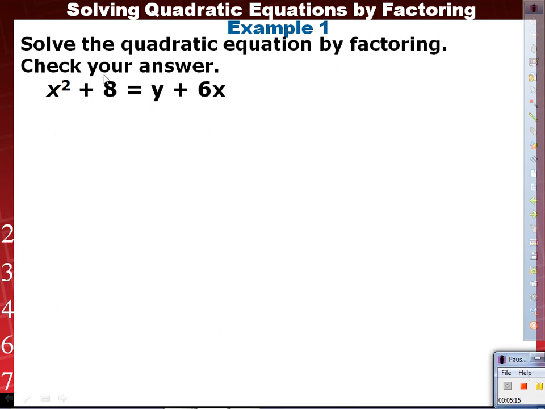So, example 1, solve the quadratic equation by factoring. Last week we started by graphing. This week we start by factoring. Step number 1.